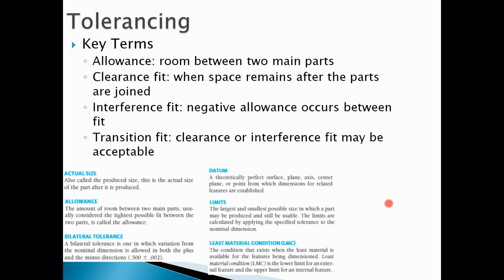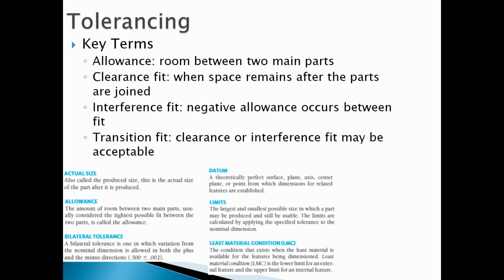The actual size, also called the product size, is the actual size of the product after it is produced. Allowance, the amount of room between two mating parts, is usually considered the tightest possible fit between the two parts.